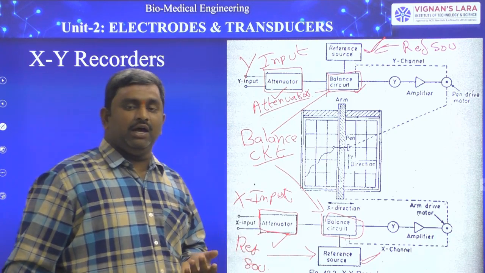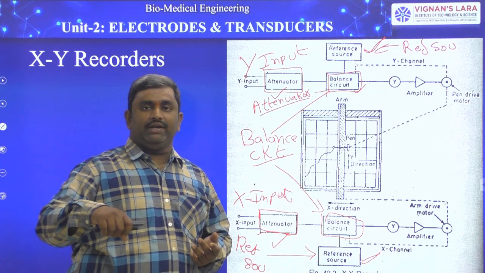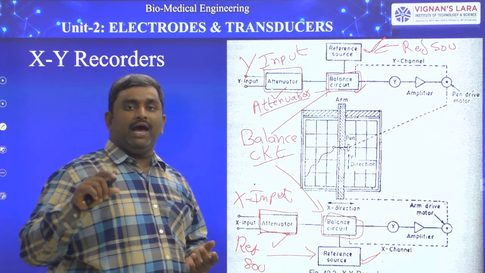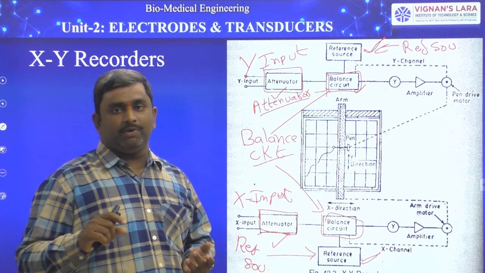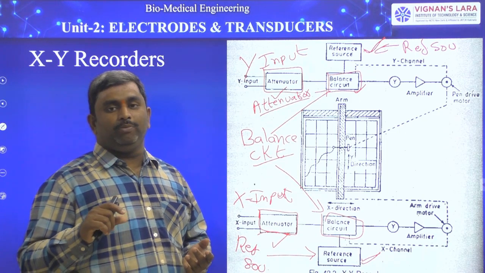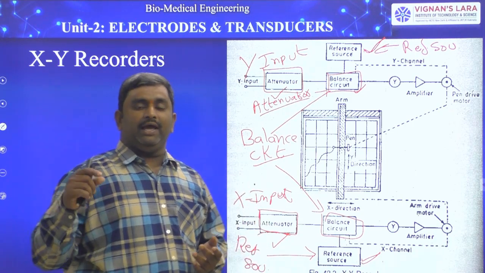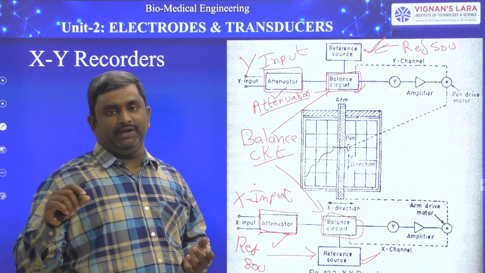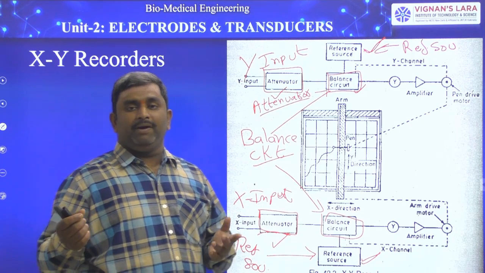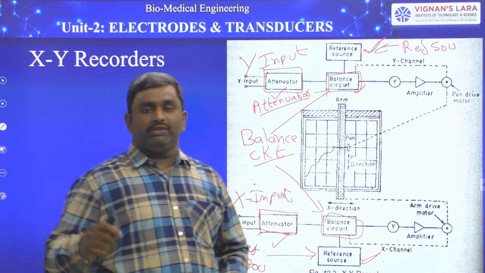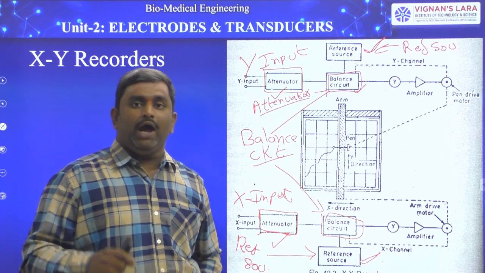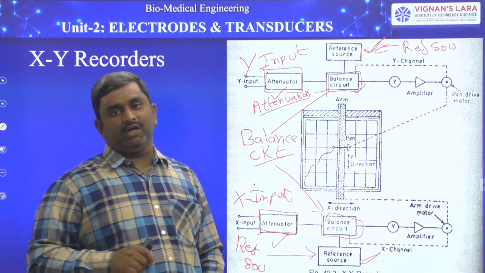For example, when you are driving a bike, you say that I am going at 60 kilometers per hour, and I am going at 120 kilometers per hour. But what is the base value here? 0. That means you are starting from 0 and going at 60 kilometers per hour.